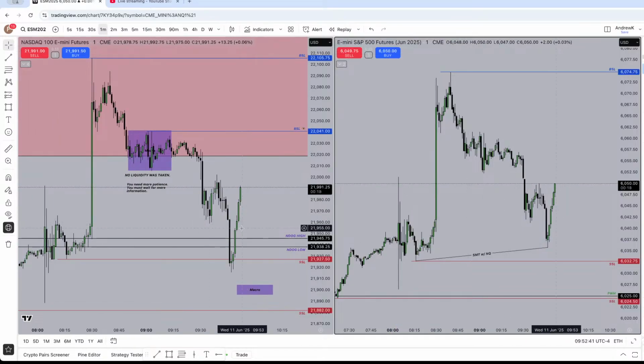So you have literally patience. No liquidity was taken. You need more patience, right? Did you wait for more information? Yes, you did. So during a key time, anywhere between 9:30 to 10:10, liquidity gets purged, right? And then you simply have, I mean, look how many points you have from here to here, right?